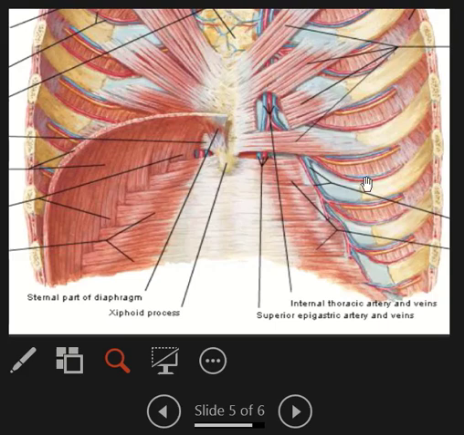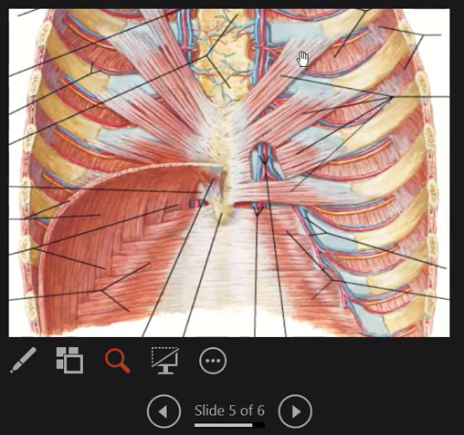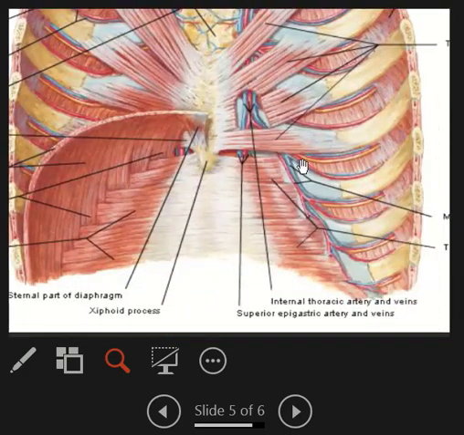These are anterior intercostal arteries. Six pairs of anterior intercostal arteries originate from the internal thoracic artery, and 3 pairs originate from the musculophrenic artery. This is the superior epigastric, one of the terminal branches of the internal thoracic artery, and this is the musculophrenic. These are anterior intercostal arteries.